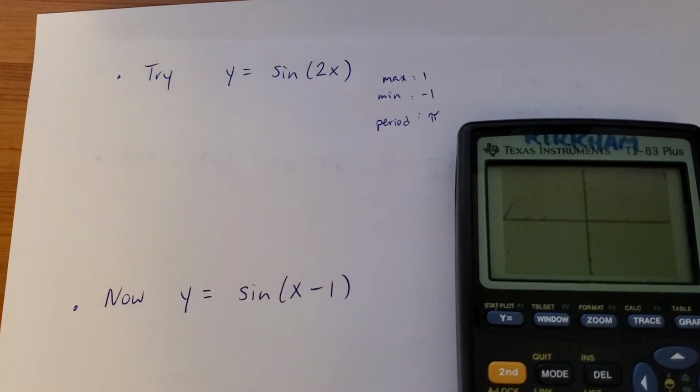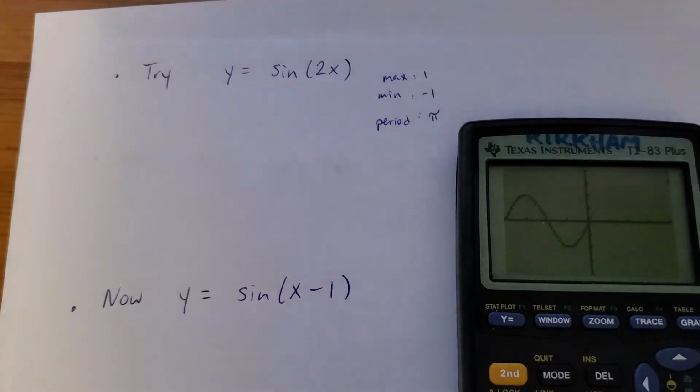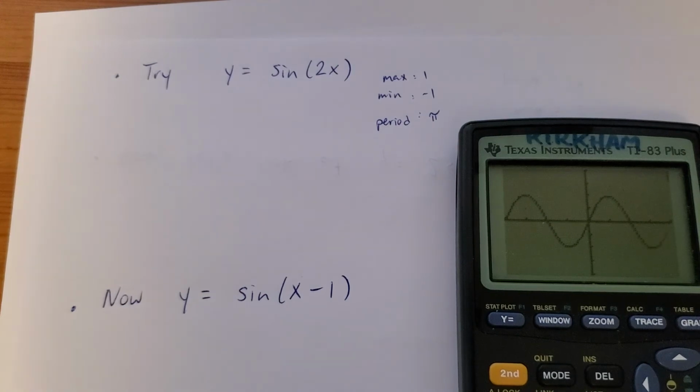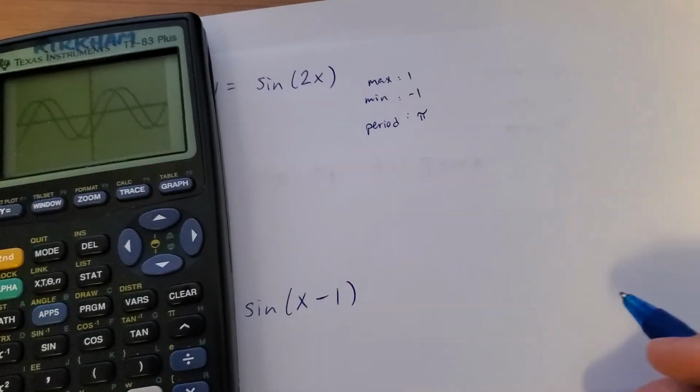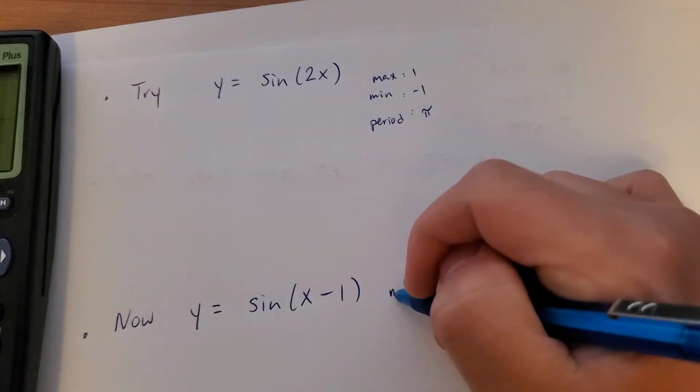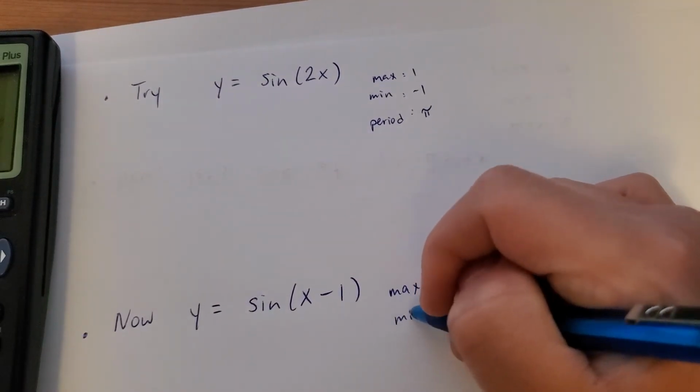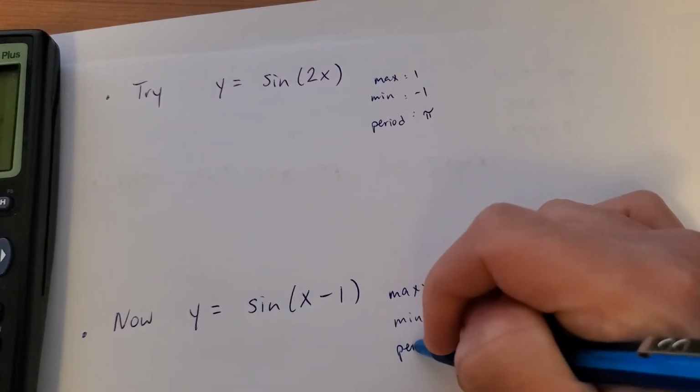Okay, so it's going to regraph sine x. The next one's going to be what sine of x minus 1 looks like. Oh. I think you'll agree that just moved it horizontally, just shifted it. Cool. Okay, so max, min, period is totally the same. Max is 1, min's negative 1, period was 2 pi.